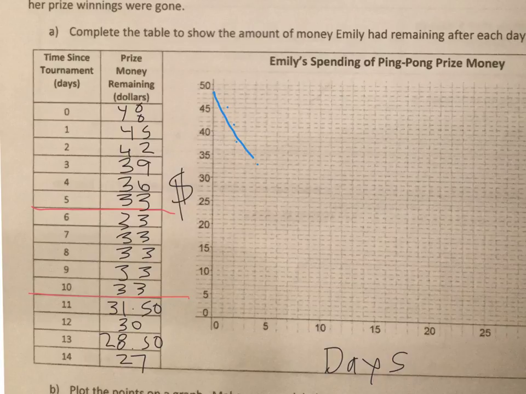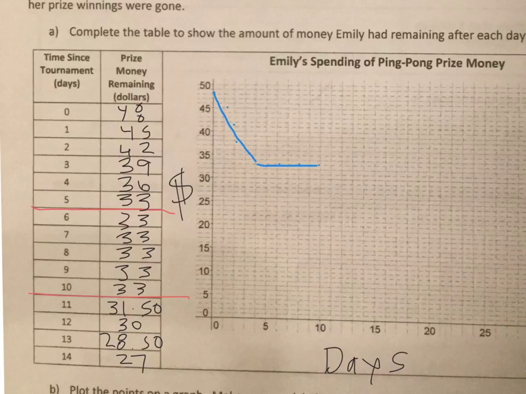Now for the second section, you have 6, 33, 7, 33, 8, 33, 9, 33, and 10, 33. You'll notice that those should all draw a line.